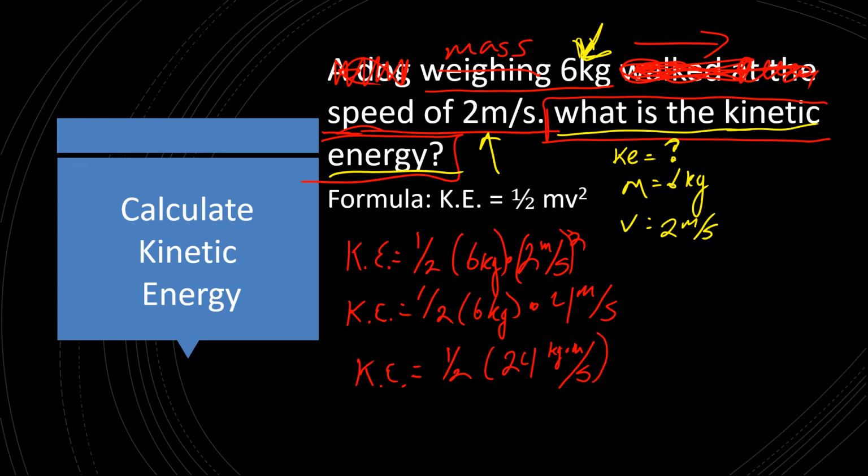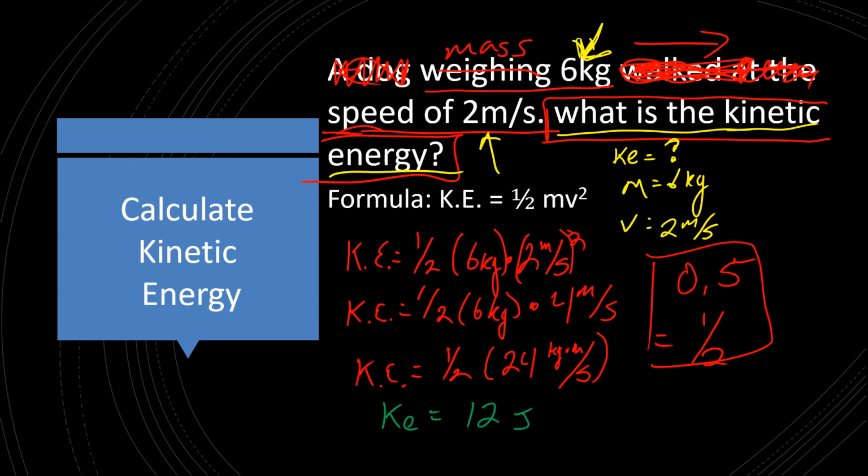Okay, and then we multiply that by 1/2. So if you don't know how to multiply by 1/2, or if you're trying to use a calculator, you could also write 1/2 as 0.5. They are the same thing, because if you divide 1 by 2, it's 0.5. So 0.5 is the same as half. Anyway, if we multiply that, we're going to get an answer of kinetic energy equal to 12 joules.